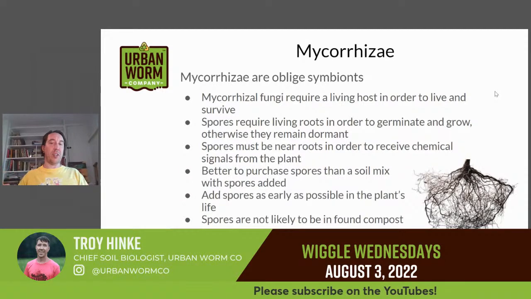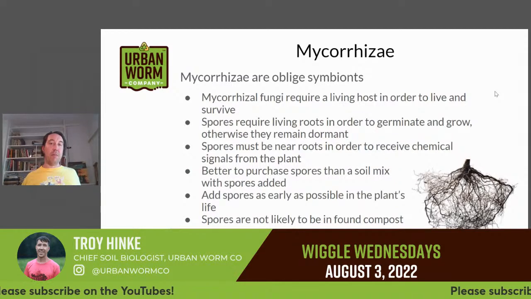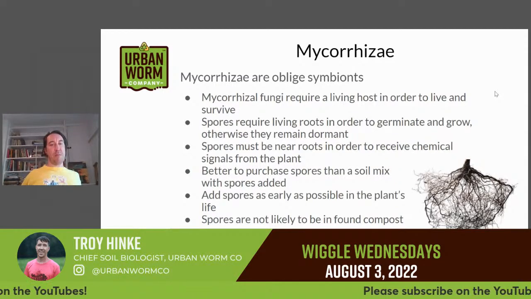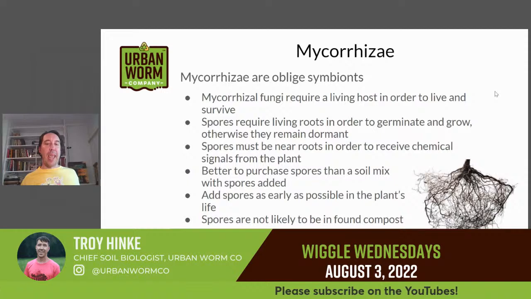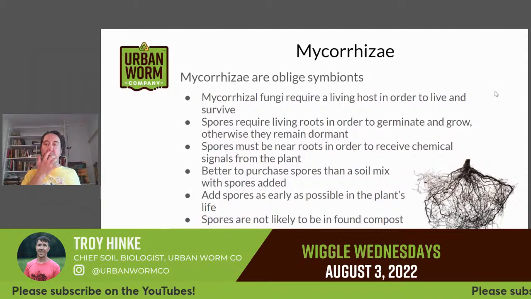So unless you're digging up large amounts of soil and including that with your compost, you're really not likely to have mycorrhizal spores in your compost. And if you do have spores, they're going to remain dormant, which is good. They're just going to remain dormant until they have a root to connect to.